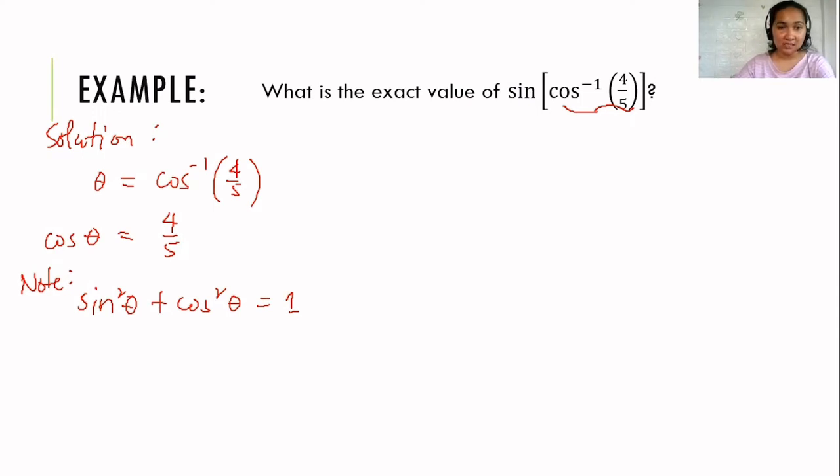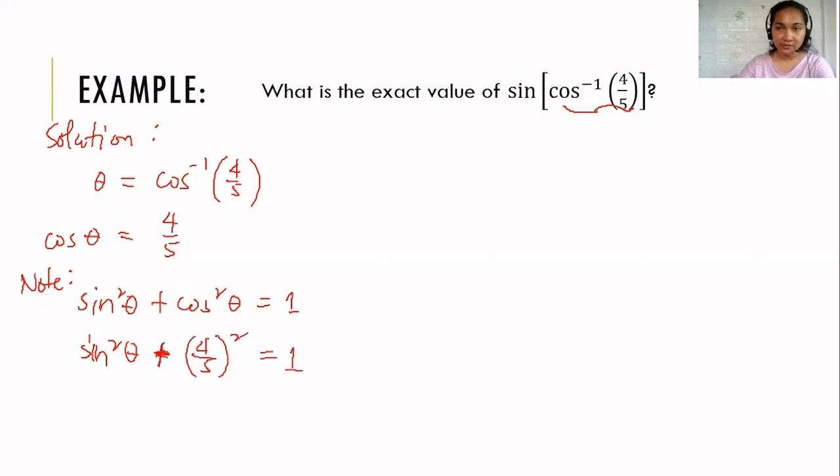If cosine theta is 4 over 5, then if we substitute it in this equation, we'll have sine squared theta plus 4 over 5 squared equals 1.